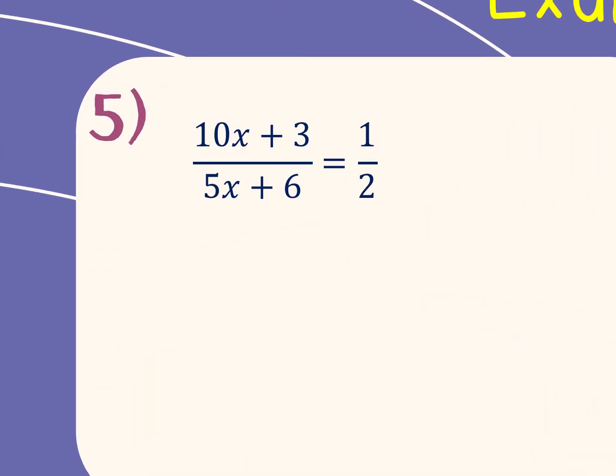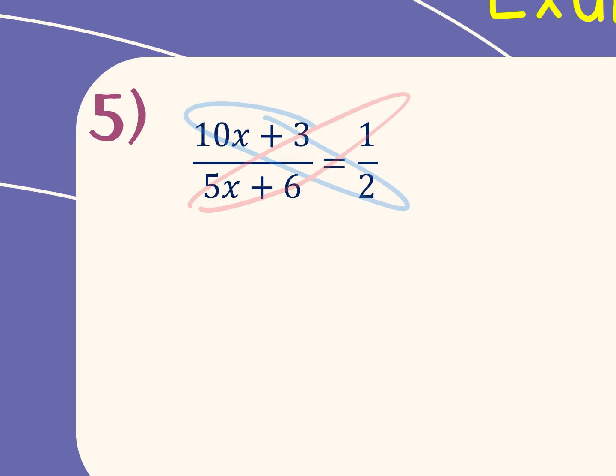So number 5, again, this time, when I have something that looks like this, and it's just two fractions equaling each other, I'm going to just treat this as a proportion. And I'm just going to cross multiply. So I'm going to just do this times this, and this times this.